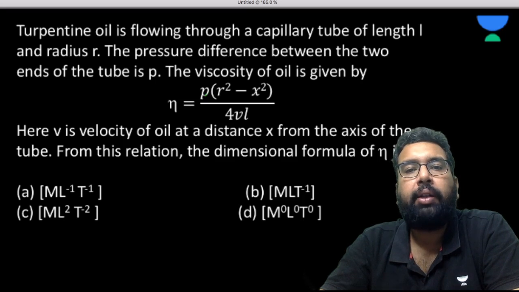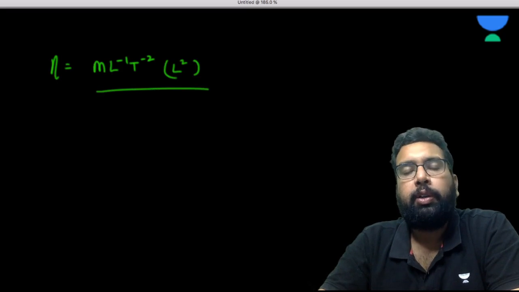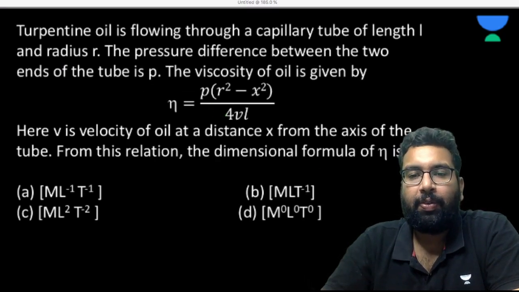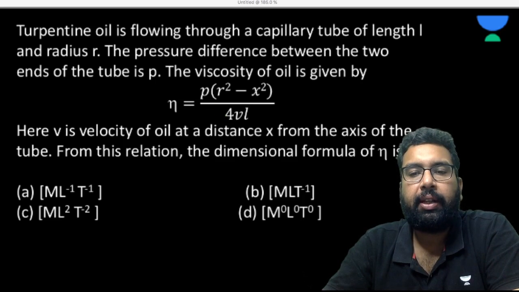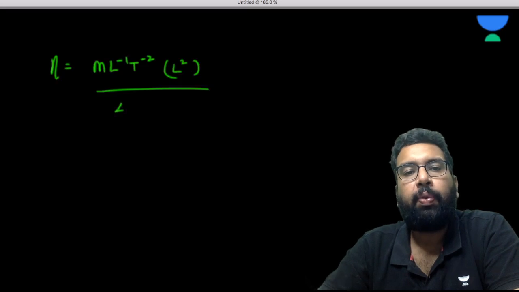R is the radius, so what is the dimension of it? It is going to be L square, because R is a length and X is again a distance, so the dimension of L. So it is going to be L square upon 4VL.